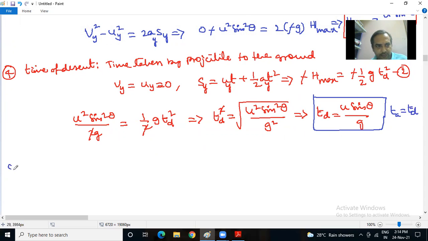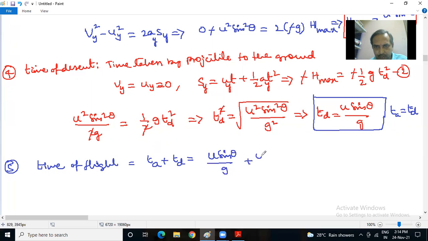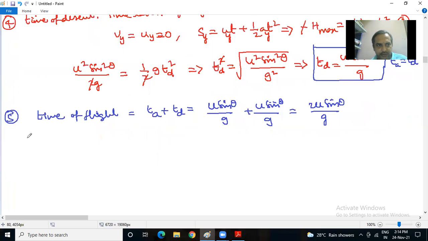Next, the fifth one is time of flight. Time of flight is time taken by the body to remain in air. So it is addition of ascent and descent, U sine theta by G plus U sine theta by G. So it will be 2U sine theta by G. Now, the last equation is range.